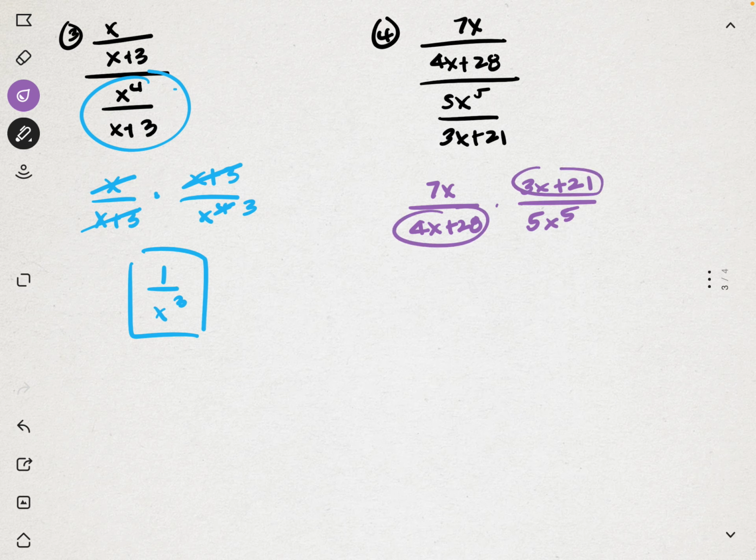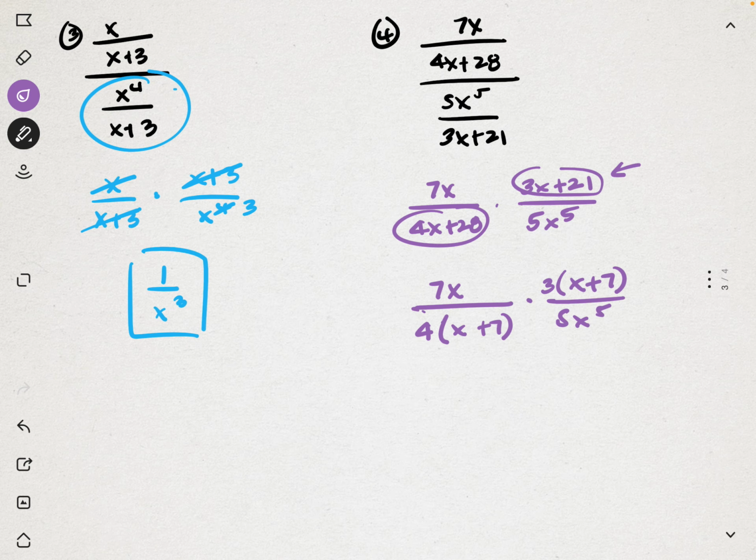We can factor stuff out of there to simplify it, so let's do that now. So in the bottom, I know that 4 and 28 are divisible by 4. We're going to factor that 4 out. What we're left with is x plus 7. Same thing in the numerator for the second part. We can divide those by 3. So then we're left with x plus 7 when we factor our 3 out.